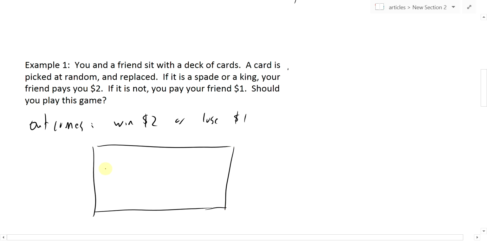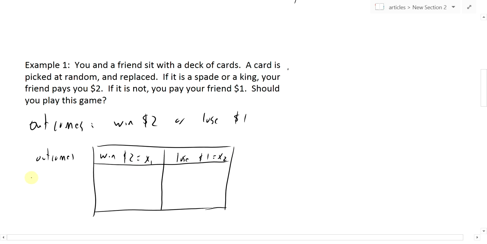Here's the little table. My first row will be my outcomes. You win $2 or you lose $1. And we'll call this one x1, that's my first outcome, x2 is my second outcome.